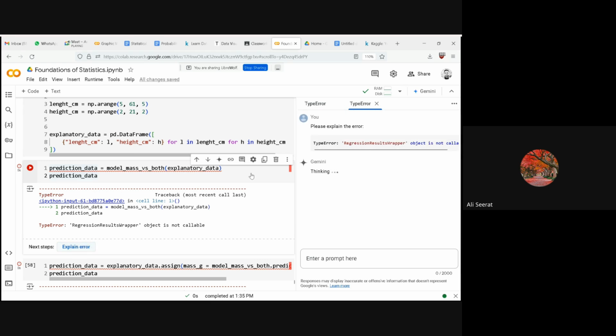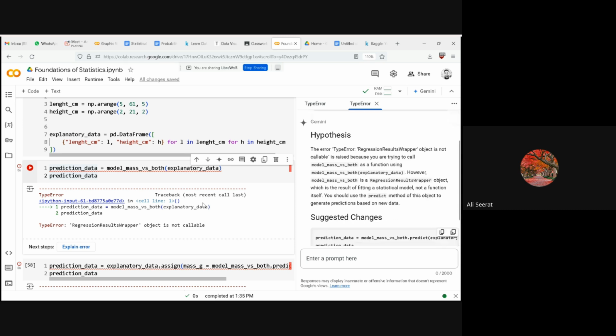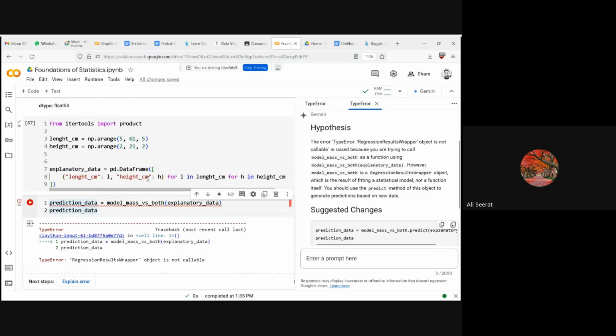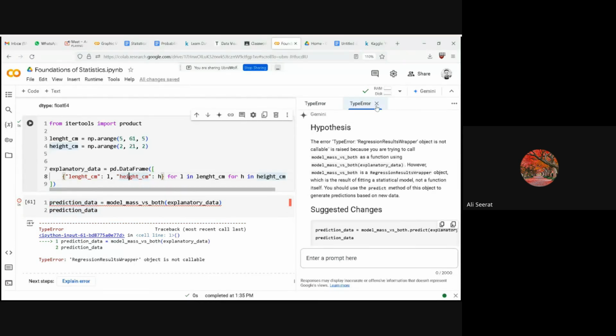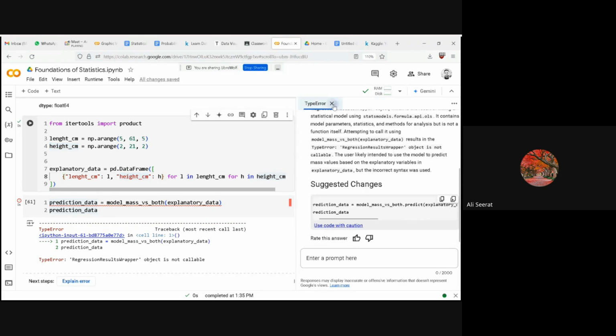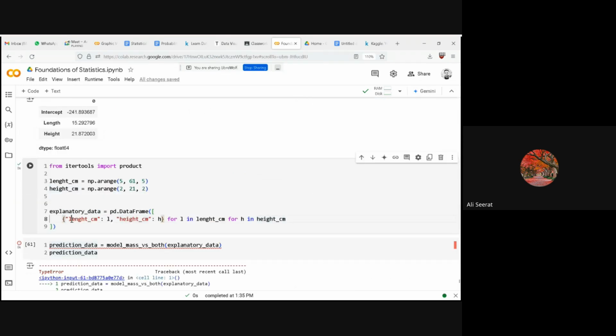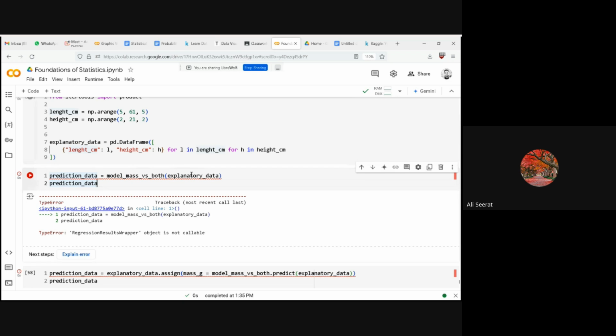We can get the explanation of the type error. What is the problem with this error? So this ran properly. Okay, that's good. So it means this ran properly. Am I right? That's good. Now we should run this one.